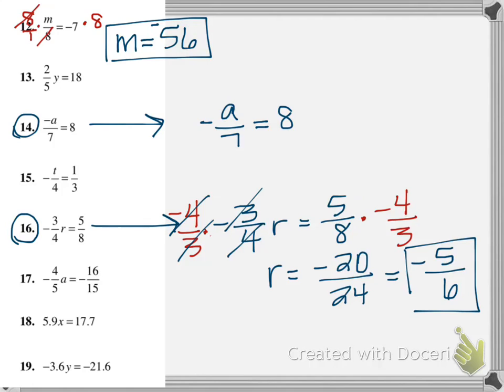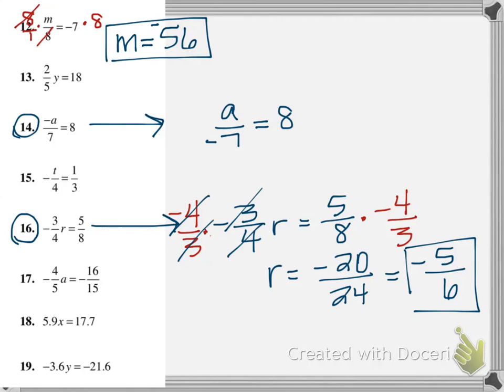Just don't have it on both. I prefer to have it on the number. So I'm going to put my negative on the 7. And the reason for that is I'm solving for a. I'm not solving for negative a. I don't want to know what negative a is. I want to know what positive a is. So I haven't changed anything other than the placement of the negative sign.